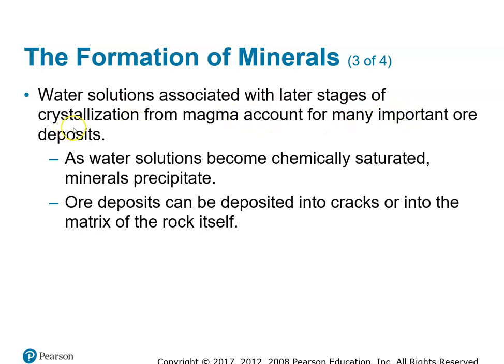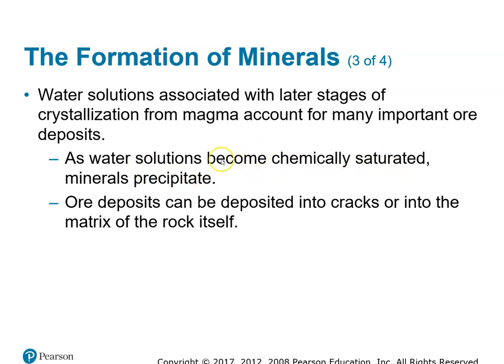These are what we would call deposits, right? Deposits of minerals that you find under the ground when you're mining. And so here's what happens: the water basically becomes chemically saturated with the precipitants, right?